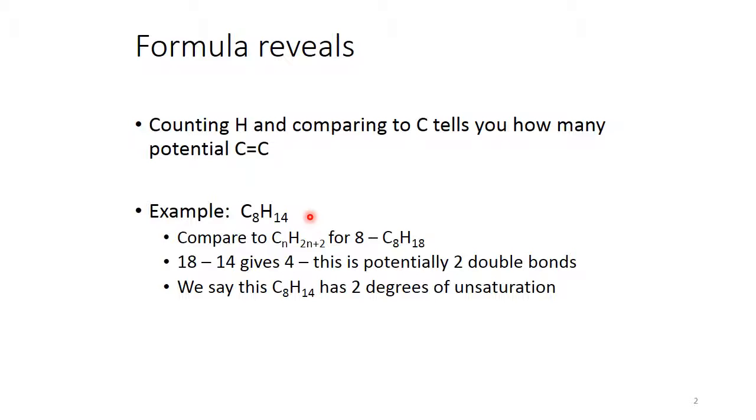We say that the compound has 2 degrees of unsaturation because potentially there are 2 double bonds in there. A double bond is basically called a degree of unsaturation if you haven't figured that out. So 1 pi bond is 1 degree of unsaturation, 2 pi bonds, 2 degrees of unsaturation, etc.